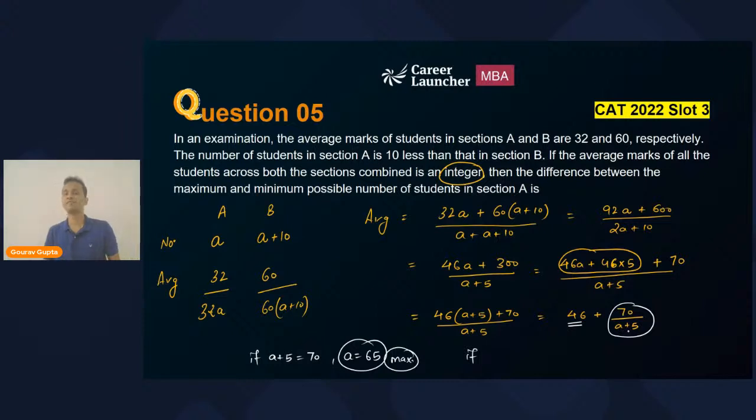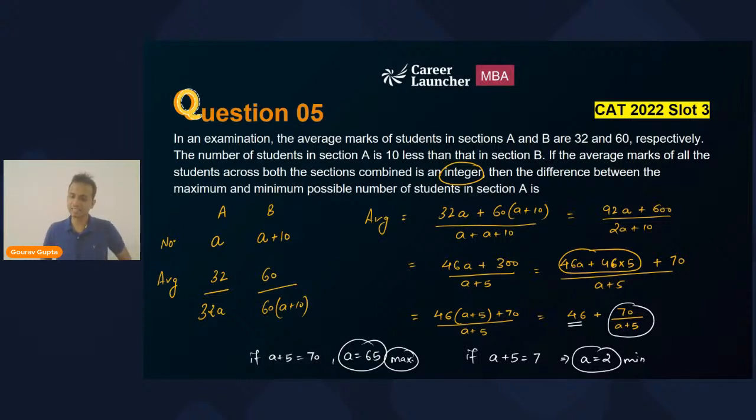Again, a plus 5 cannot be 5 because in that case, a will come out to be 0. Number of students cannot be 0, right? So the minimum value that a plus 5 can take is a factor of 70 that is equal to 7. From here, the value of a comes out to be 2. Okay, right? So this will be the minimum value of a.